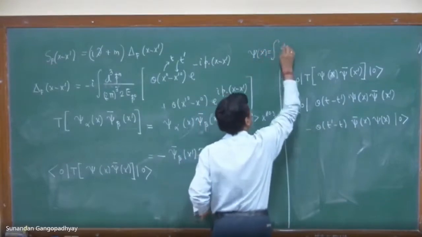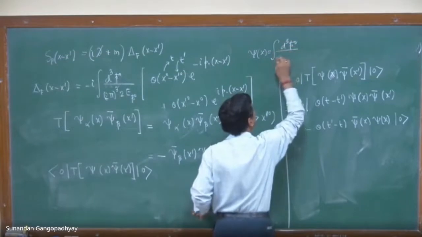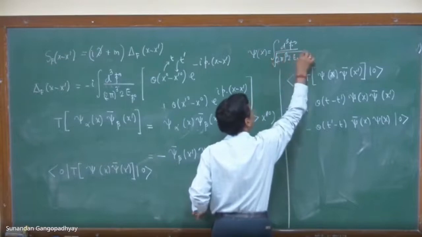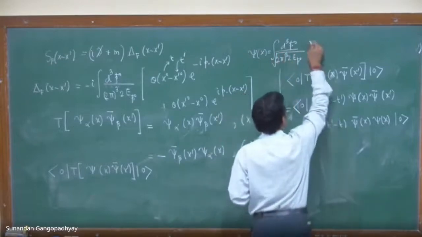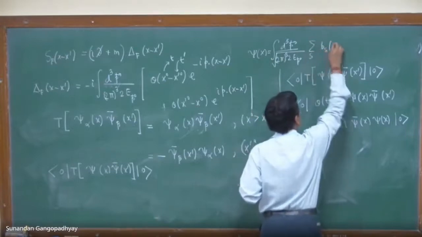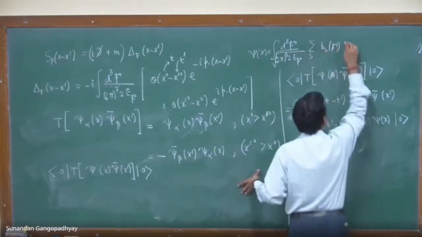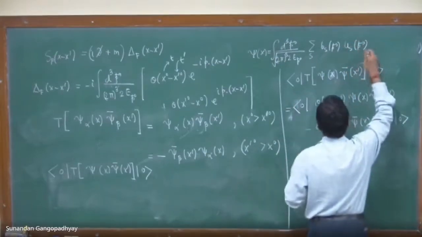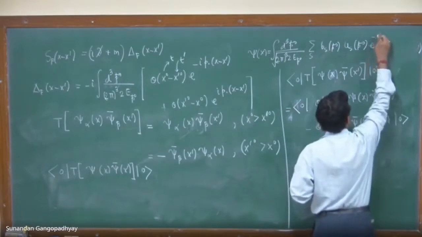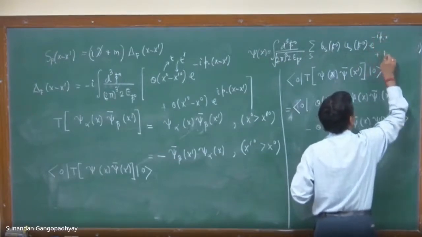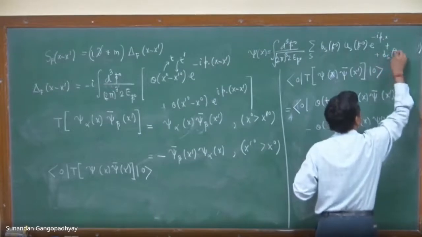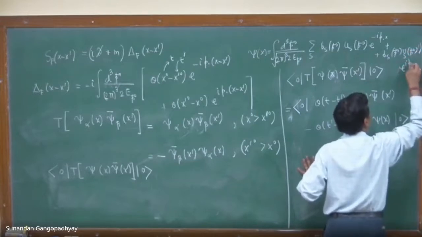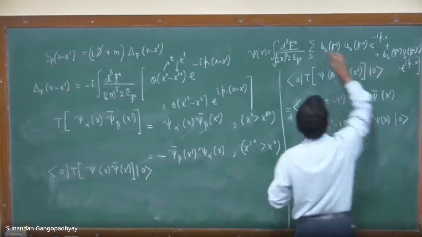Psi of x is an integral d^3p over 2 pi whole cube, divided by the square root of 2E_p, then a summation over spin s, then we have b_p^s u^s(p), the Dirac spinor in momentum space, times e to the power minus i p x, plus d dagger v^s(p) e to the power i p x. This is what we have.